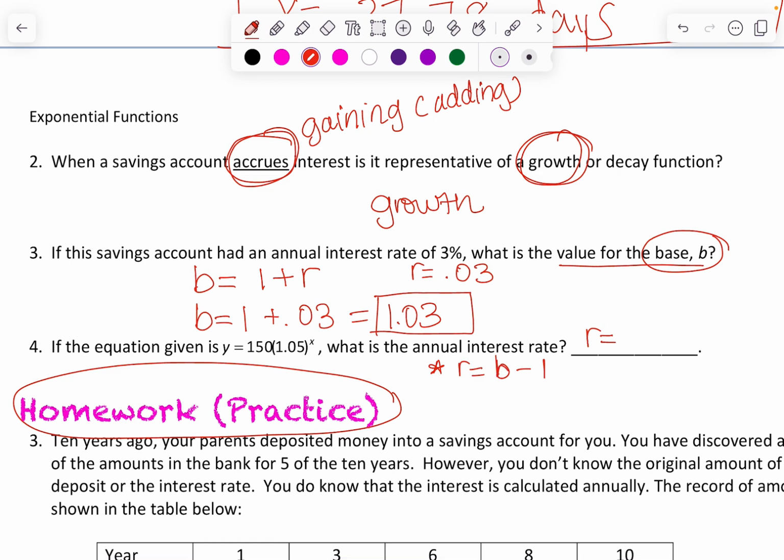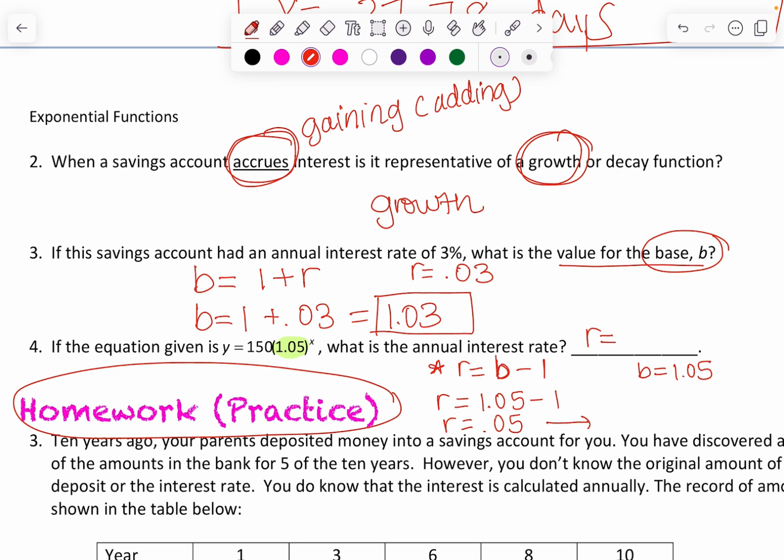That's your formula. To get R, I have to do B minus 1. My B is coming from my equation. It's here in green, 1.05. So B equals 1.05. So let's do our subtraction. 1.05 minus 1, my R equals 0.05. But in decimal it is 0.05.